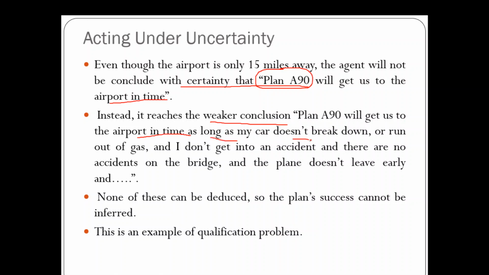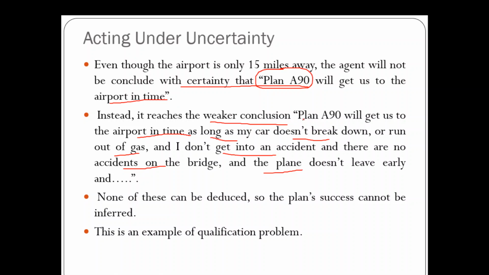As long as my car doesn't break down, or run out of gas, or I don't get into an accident, or there are no accidents on the bridge, and the flight doesn't leave early, and so on and so forth. So basically it cannot precisely say that this plan will take the individual to the airport on time, right?